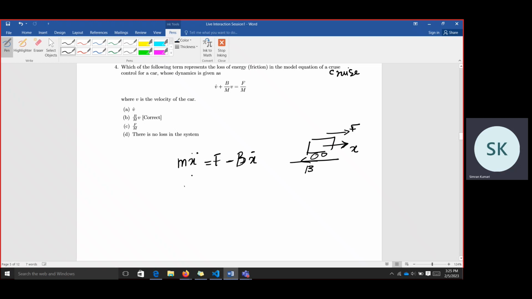Now if we say x dot equal to v, because this is a second order system, we are basically converting it to a first order system. So we have assumed that x dot equal to v. Now this will be m v dot equal to F minus b v. So m v dot plus b v equal to F.